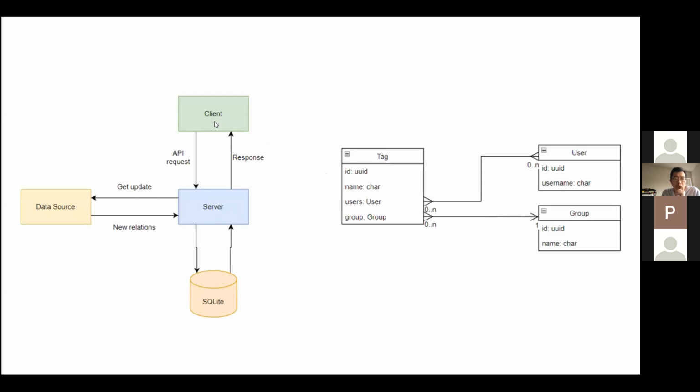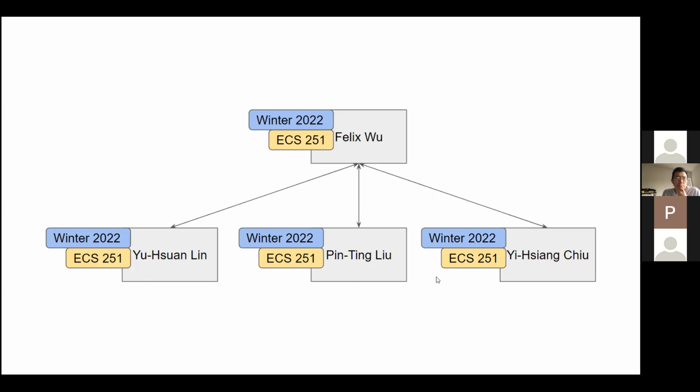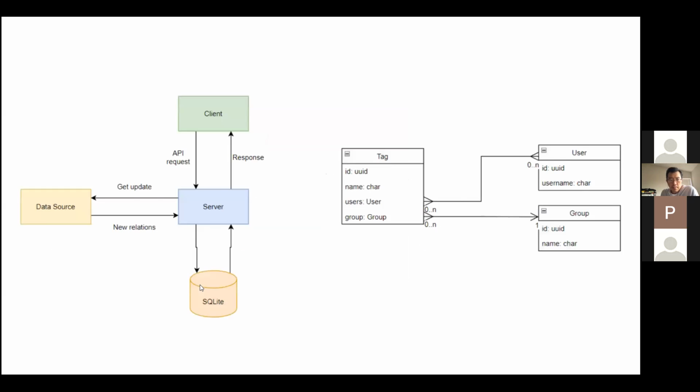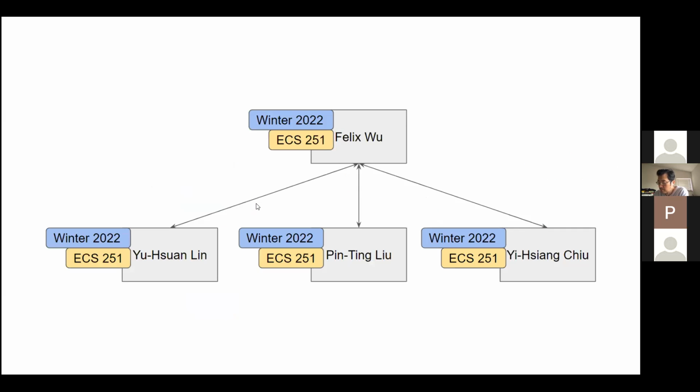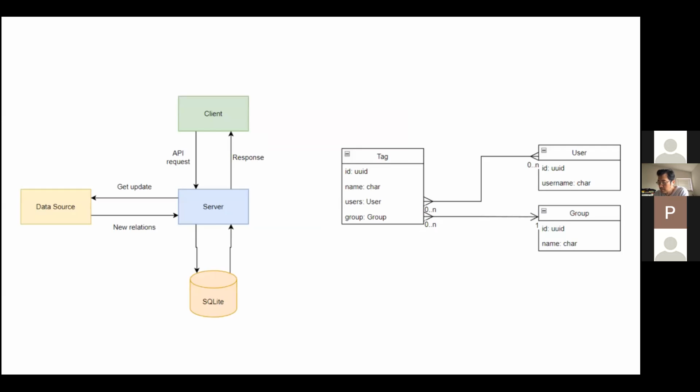And if my client tries to figure out how many tags in common these 3 people have, he can send the query to the server, and the server will respond about how many common tags my 3 people have, or he can use the tag to find the people in common. Yeah, so that's the quick demonstration graphic and relationship about our project.